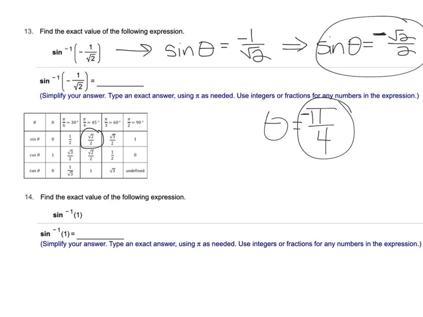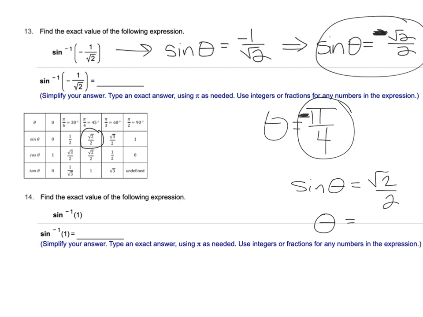To summarize really easily, you look up the reference angle and find that. If the sine equals a negative number, then you put a negative on the reference angle. That's all you have to do. In the last problem, when the sine of theta equals positive square root of 2 over 2, see the difference? This time it's positive.